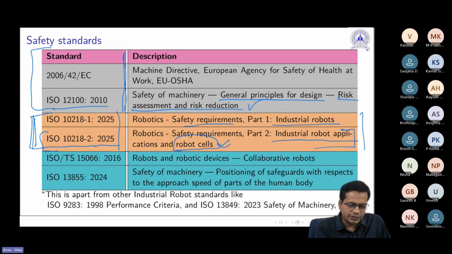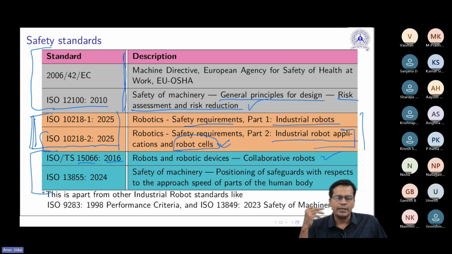And the last two standards are only for collaborative robots: 15066, 2016. 2016 is the year. Robots and robotic devices, collaborative robots. So these are a few standards you should look for when you buy a robot or maybe use a robot. You should be aware of these standards.